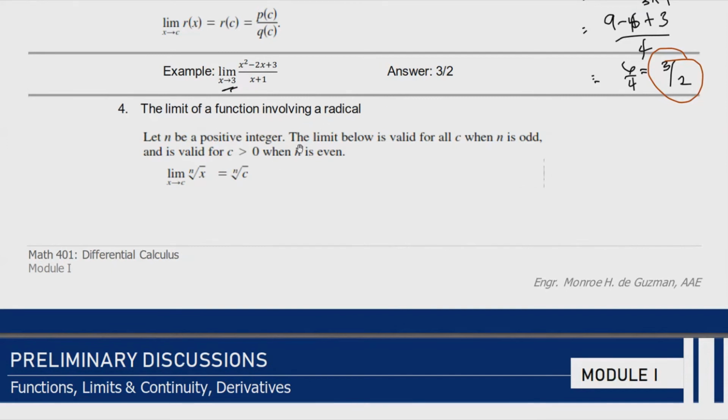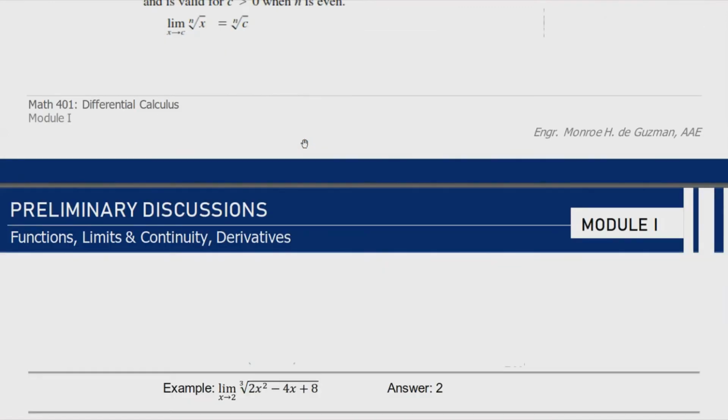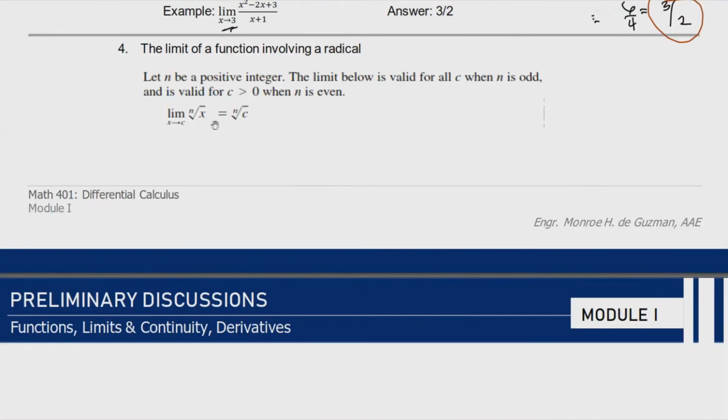So the limit of a function involving a radical. What's good about this radical is that you can just simply substitute the value of c into our radical. So as you can see there, what we did was just simply substitute the value of x as it approaches c, which is c, and then the answer is the nth root of c.